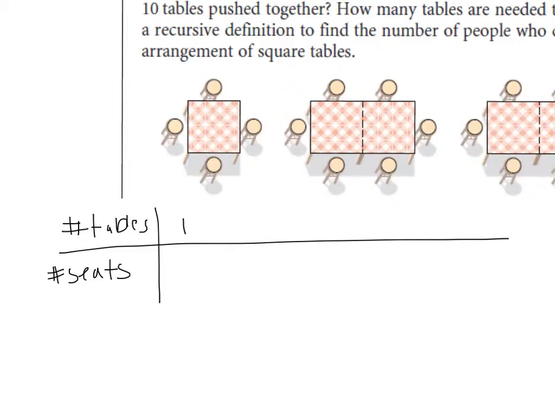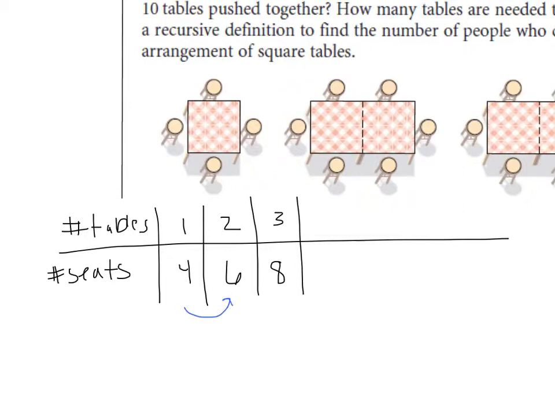And like we were told in the story problem, and we can look here in our diagram, 1 table holds 4, 2 tables hold 6, and 3 tables hold 8. Okay? And what we should find is a constant change happening.